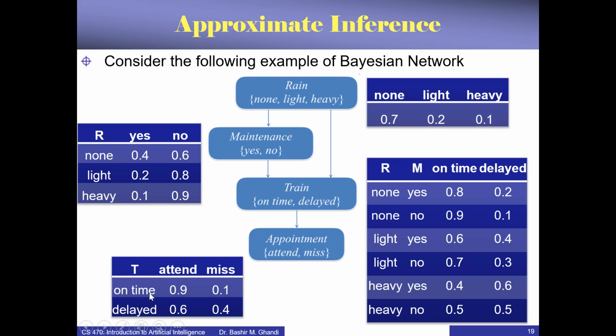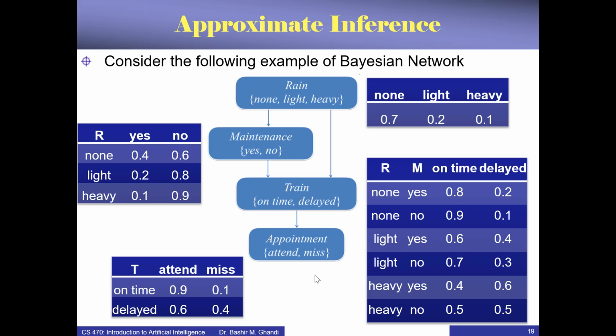If the train is on time, the probability of attending is very high, 0.9. But if the train is delayed, the probability of attending the appointment is 0.6. All right, for the opposite probability, just subtract from 1, you will get those. So really there's no need to save this one, but just for more detail.